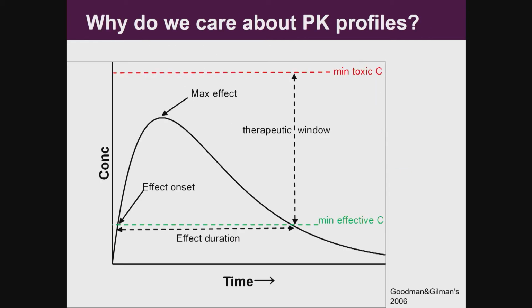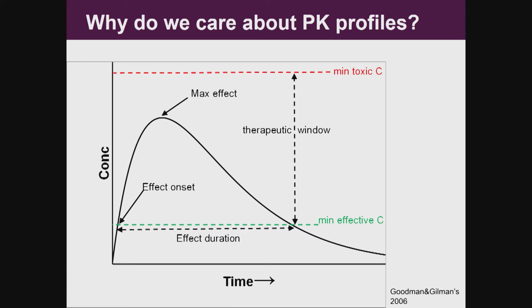If we now take these two graphs and put them together conceptually, then we see here in green the minimally effective concentration, in red the minimum toxic concentration, and as the drug gets absorbed, it crosses the minimum effective concentration and the effect has an onset, it starts.